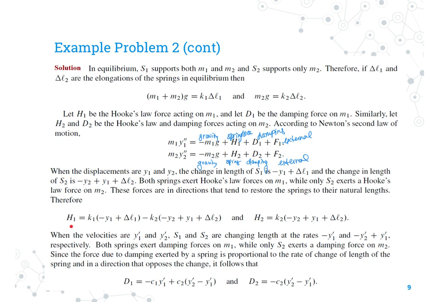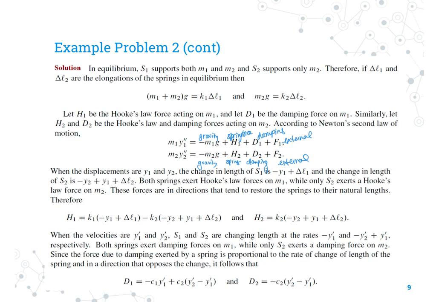So therefore, H1 would equal K1 times (negative y1 plus delta L1), which we had here, the change in length of S1, minus K2 times (negative y2 plus y1 plus delta L2), the change in the length of S2. And then we have H2 being just K2 times this displacement, negative y2 plus y1 plus delta L2.